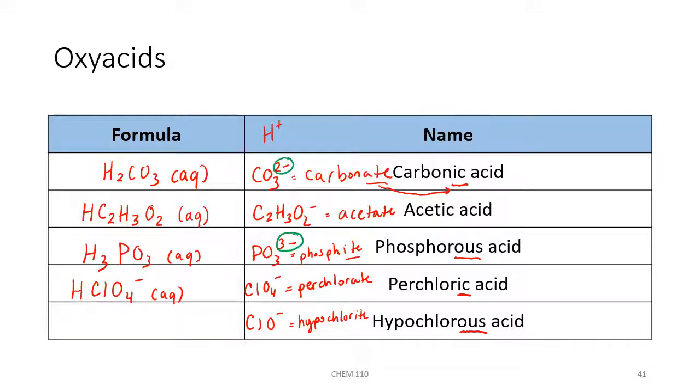When we write our neutral formula, hypochlorite also has a -1 charge. So we only need one hydrogen. And I noticed there's a negative there that needed to be erased in the last one. HClO-AQ. So we don't want to include any charges in our final answers. And that's how we work backwards from the name to the formula with oxyacids.